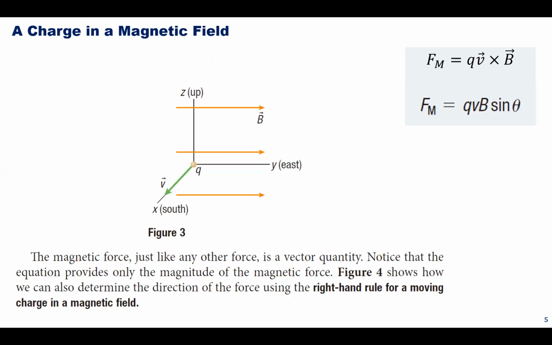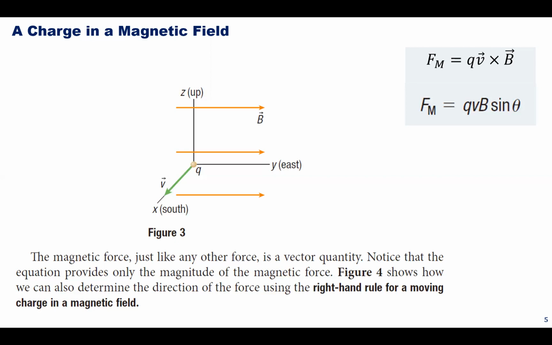An important property of the magnetic force is that it depends on the velocity of the charge. The magnetic force is non-zero only if a charge is in motion. This property of magnetic force is not shared by the gravitational force and the electric force. Those forces are both independent of velocity.